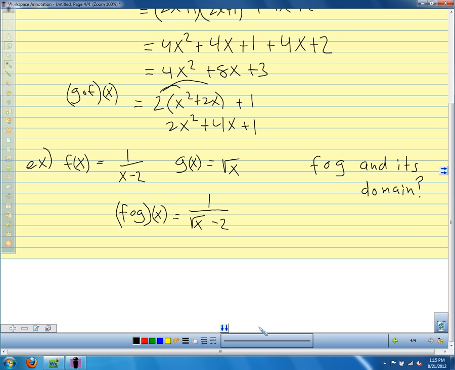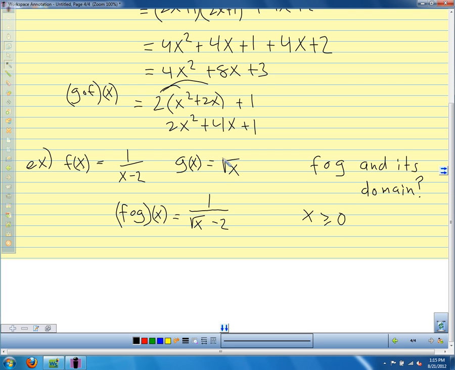What's restricted from the domain of g? Negatives, right? So the domain of g of x is that the number has to be greater than or equal to 0. We can't plug any negative numbers into this function. A negative number is going to give us a problem in the square root. So x has to be greater than or equal to 0.